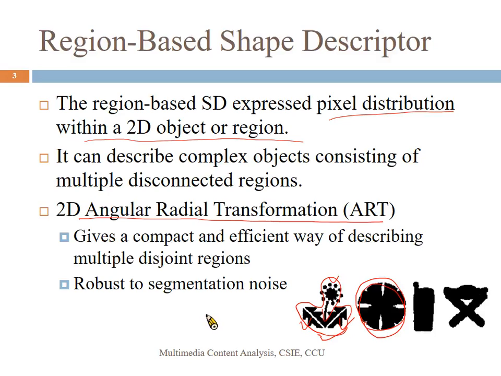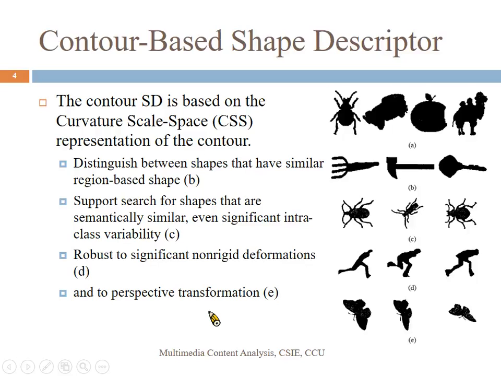I will not go into the details of the ART feature, because in recent CBIR systems, if they use the shape feature, most of them use the contour-based shape descriptor. The contour-based shape descriptor is mostly based on the curvature scale space. We call it CSS in short.